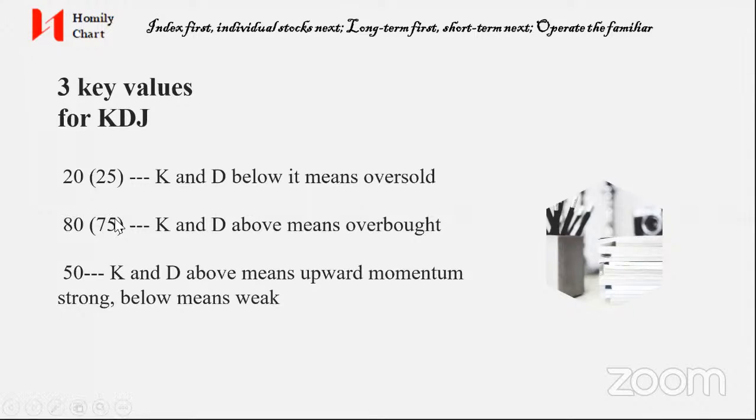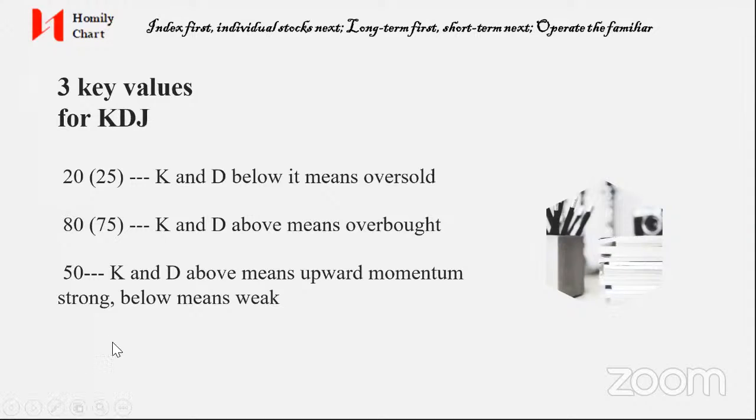And if it's 14 days KDJ, then K and D above 75, we can say it's already in the overbought area. And then 50, if K and D above 50 means the upward momentum strong, it's in a strong area, right? If K and D below 50 means it's weak. The upward momentum is weak.